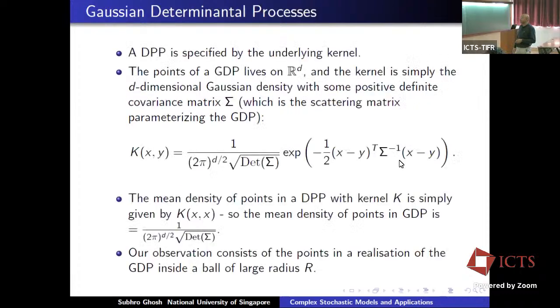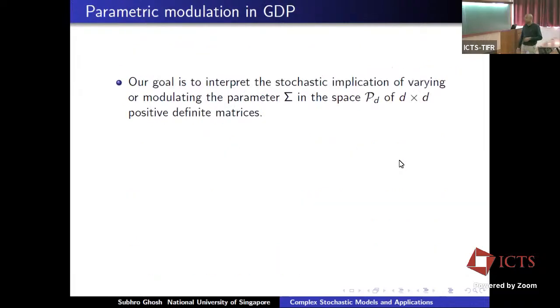So one thing is that if we modulate sigma such that the determinant of sigma changes, then the mean density also changes. So if I am allowed to look at these points, then I can just take the average number of points per unit area, and that's going to be an approximation to this mean density. And as soon as sigma is perturbed to sigma tilde such that the mean density has changed, the determinant has changed, it is easily recognizable just by computing the average density. And generally, the average density has very good concentration properties if we average over a ball of large radius r.